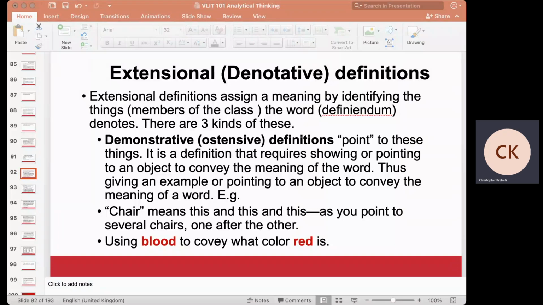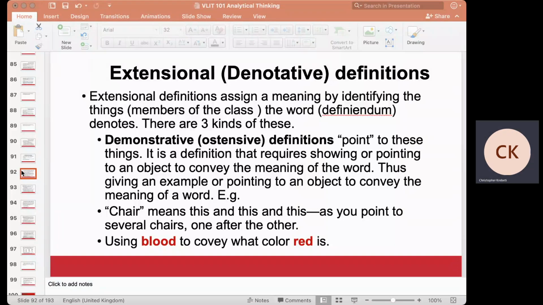That is blood. So blood is red. We are doing ostensive definition, okay? And if I'm not using blood, you can use something like tomatoes. Okay, tomatoes are red, so that is red. So this is a kind of definition based on extensional, denotative definitions.